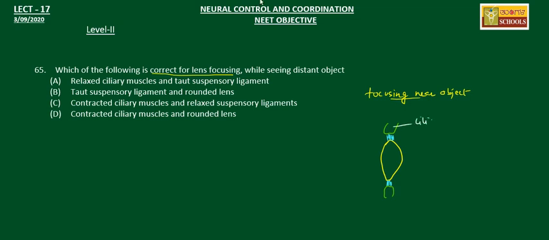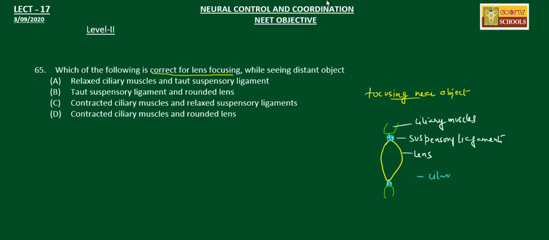So these are the ciliary muscles, these are the suspensory ligaments, and this is the lens. Now when focusing the near object, the ciliary muscles get contracted.